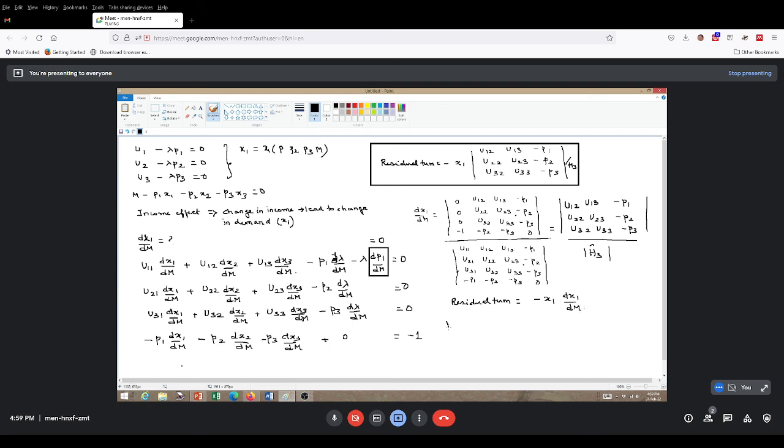Okay. So the price effect, which is dx1 by dp1, is equal to lambda times the bordered Hessian of order 2 over the bordered Hessian of 3, minus x1 dx1 by dm. This is the Slutsky decomposition.